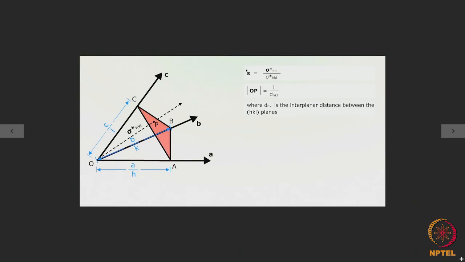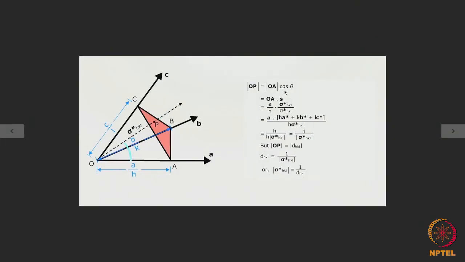So, unit vector along this direction is nothing but the sigma star HKL vector divided by the magnitude of the vector. So, we will be using these two relationships. Please remember that the magnitude of OP is simply d_hkl and not what is written here.